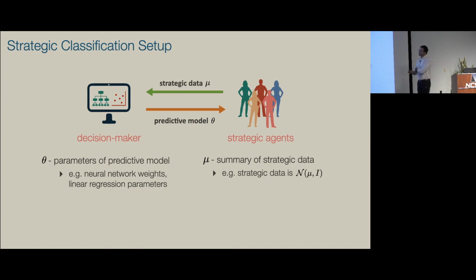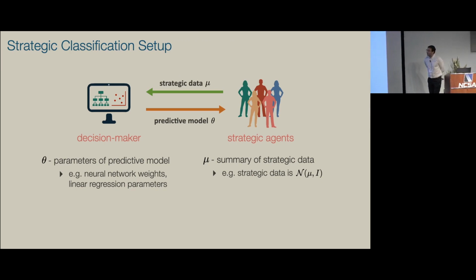So just to introduce a little bit of notation, we're going to give the decision maker the parameter theta. Those parameters might be neural network weights, linear regression parameters, the classification boundary or something. On the other side, we'll have a group of strategic agents, and they're going to report data that's just going to be summarized by this mu. And mu is going to be the decision of the entire population of strategic agents, which is a modeling choice.